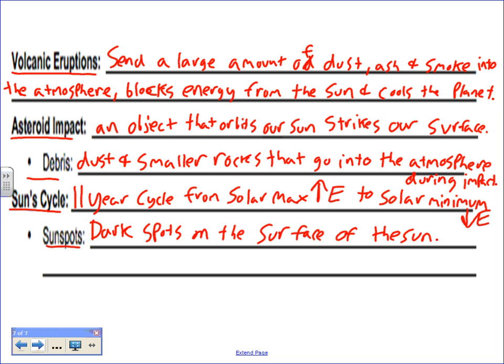More of these are present during the solar max portion of the sun cycle.